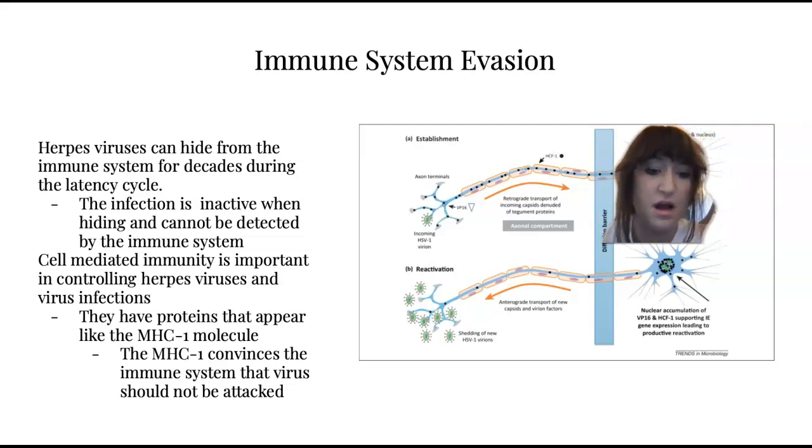To evade the immune system, they have proteins that appear like our MHC1 molecules, but really aren't. This convinces a cell that it has an MHC1 molecule and therefore should not be killed by natural killer cells or CD8 positive T cells. The virus also has a way of inhibiting the immune response. It produces a pseudo IL-10, and IL-10 is an immunosuppressive cytokine, so the herpes virus is able to convince local areas that the body does not need to attack as much.